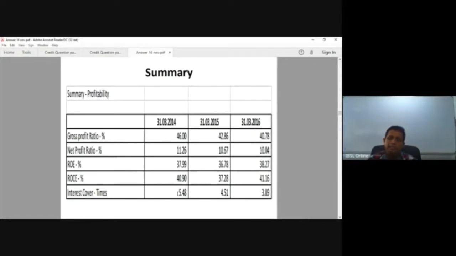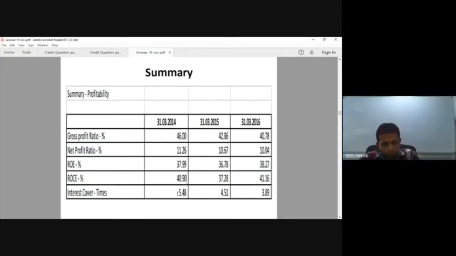That is, say 4 times, right? There is a reduction, but it is acceptable. This will happen because your interest cost has increased and your profit has not increased in that way. That's why you have a decline in this interest cover ratio.